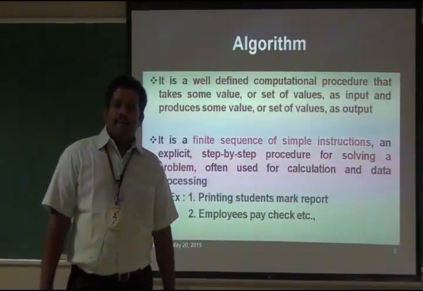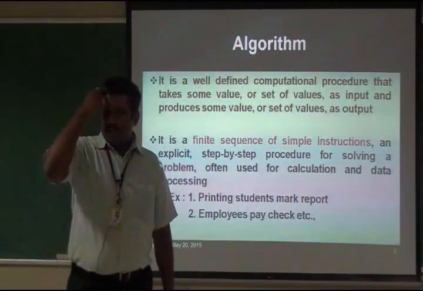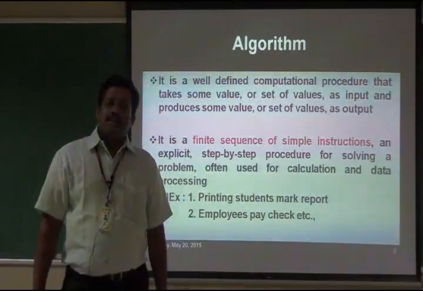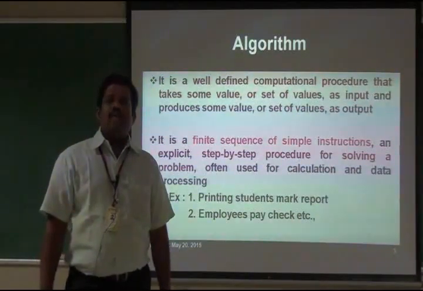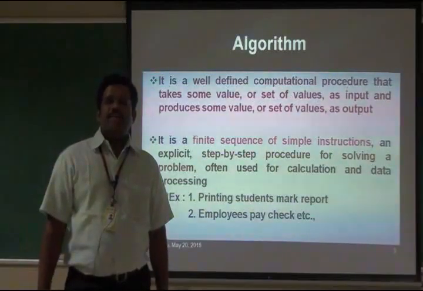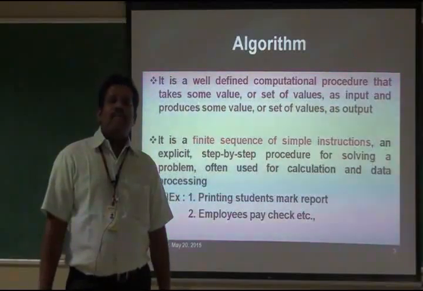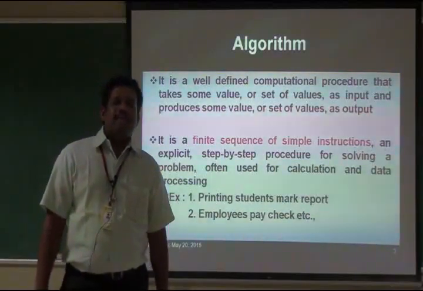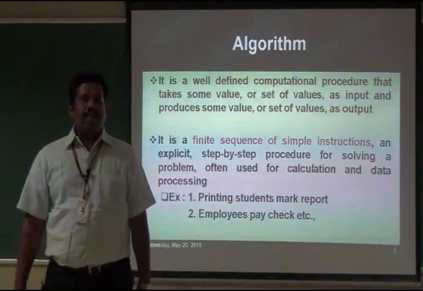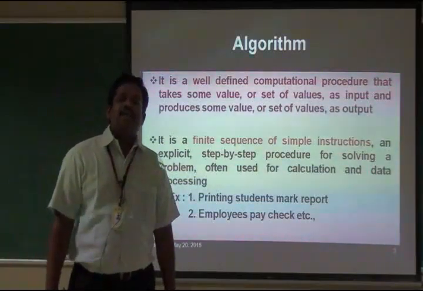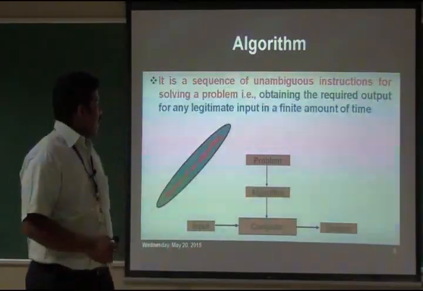Or if we are in an educational institution, we are in a position to calculate the students' mark analysis. If you want to progress this kind of activities, algorithm plays the major role. It provides step-by-step unambiguous instructions. Unambiguous in the sense, it has to be represented without confusion. That is, each and every statement has to be stated clearly.